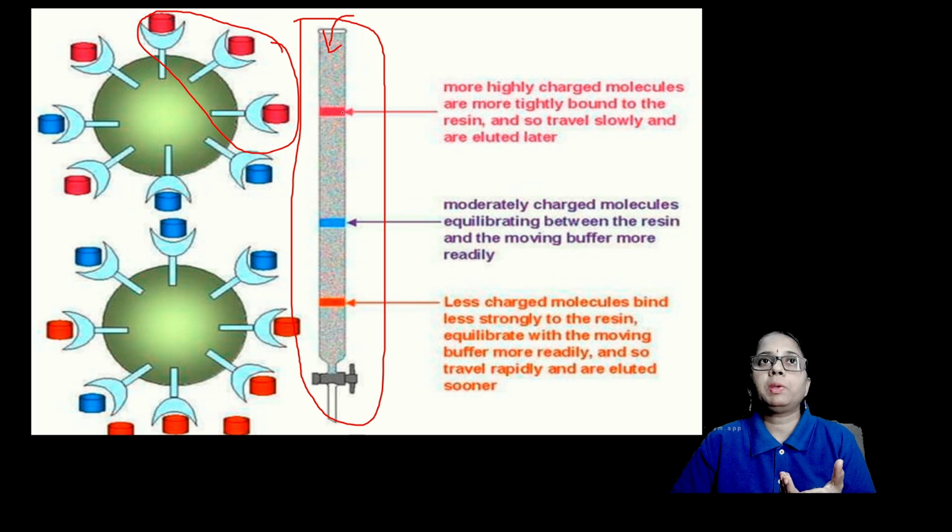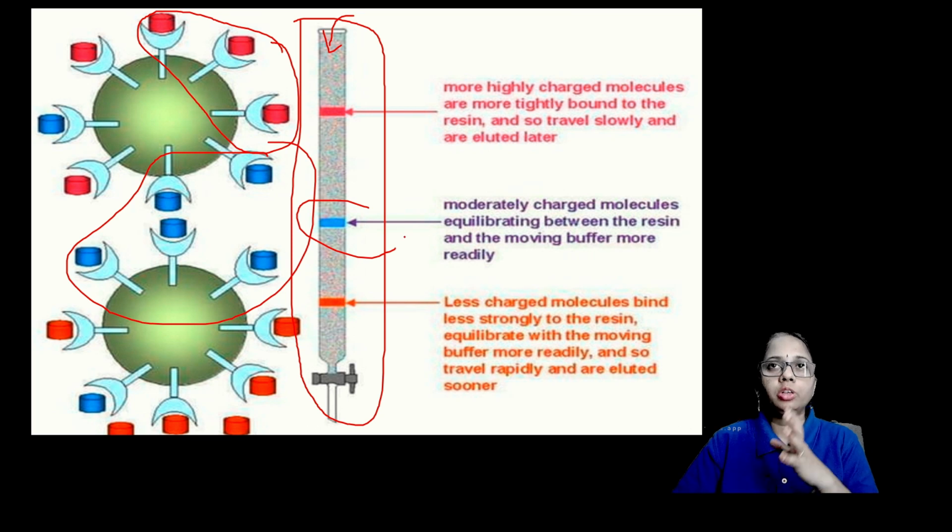This pink color represents how they bind, and the blue color represents moderately charged molecules, equilibrating between the resin and the moving buffer more readily; they are moderately bound to the stationary phase.